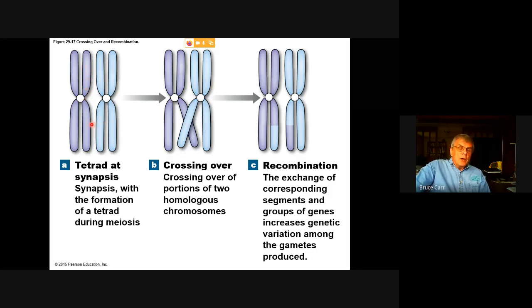And while they're pairing, they show a phenomenon shown here called crossing over. Do you see how the light blue and the purple arms are crossing over? You can see this in the light microscope. In fact, when you look at meiosis, you often will count the number of crossovers per tetrad. So this might cross over, this would be 1.